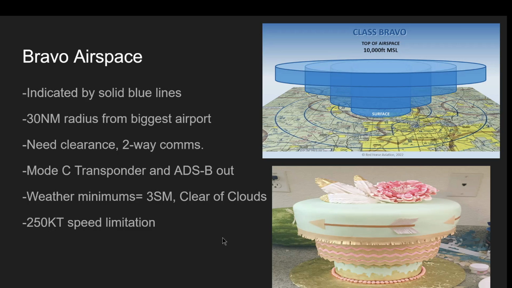That's not something I'd like to do. And then there's a 250 knot speed limitation. Our little Cessna 172s don't go that fast, but if you're flying a bigger plane, yeah, this might be a problem, but this is more of a high performance thing, so this doesn't really apply to us as much for VFR, normal flying.